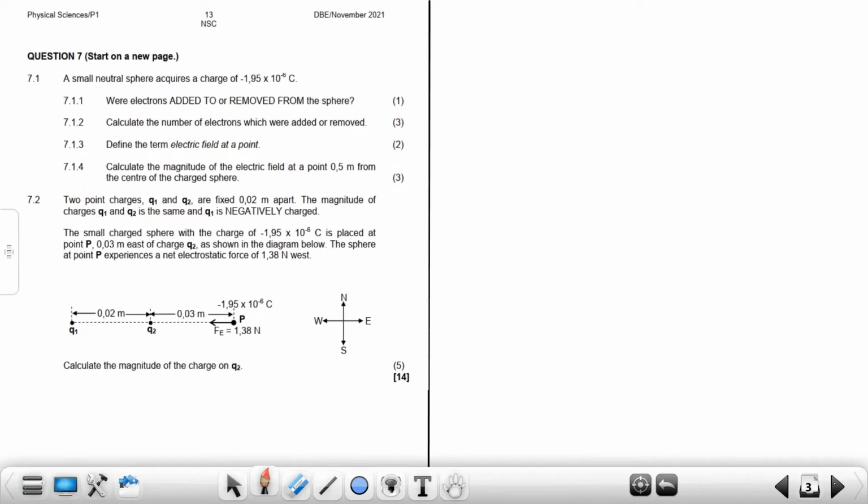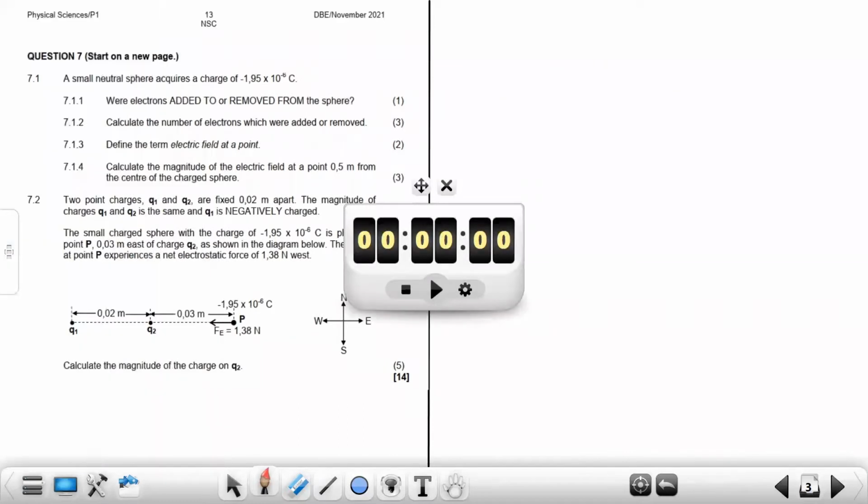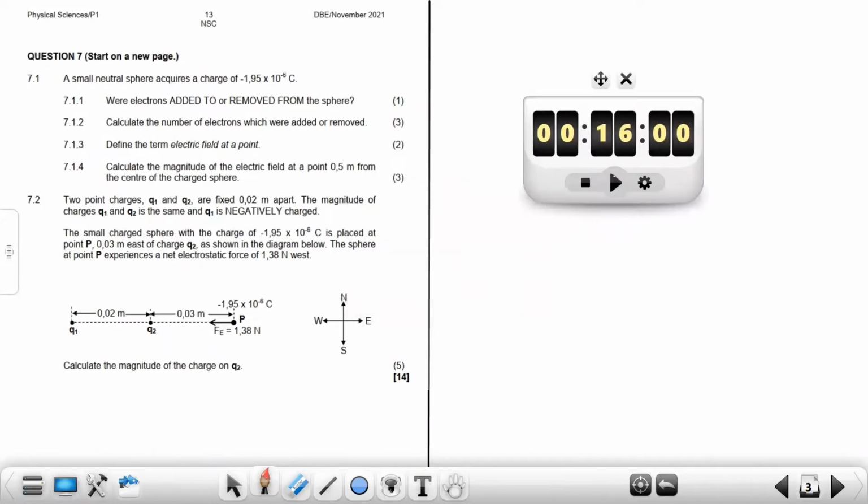So if it's 14 marks, it means I must give you something like 15 minutes. I am generous, I will give you 16 minutes for that, so that each and every one of us can do that. So start.